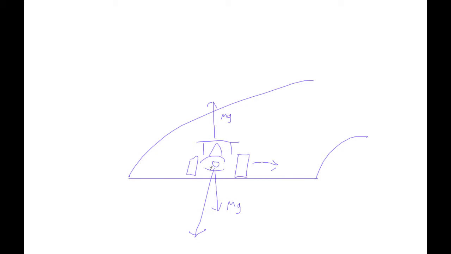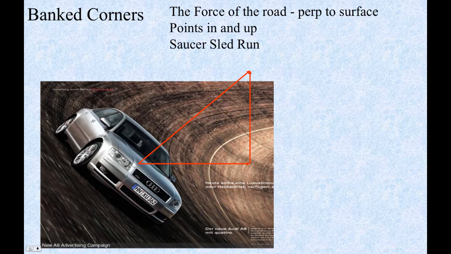Now, if you imagine that we are on a banked surface, remember that the surface presses perpendicular to it. So this is the reaction force of the road. The interesting thing about that is that it has two components.